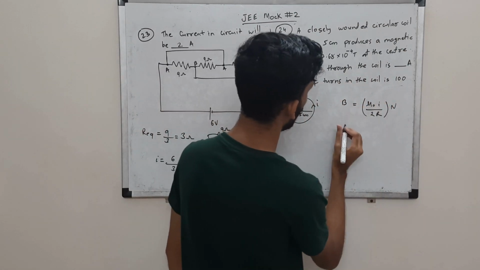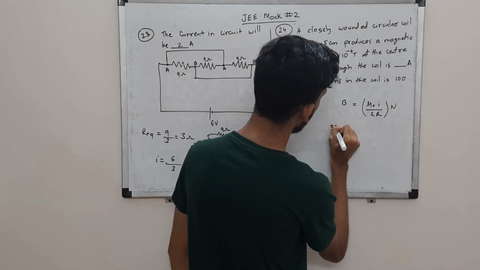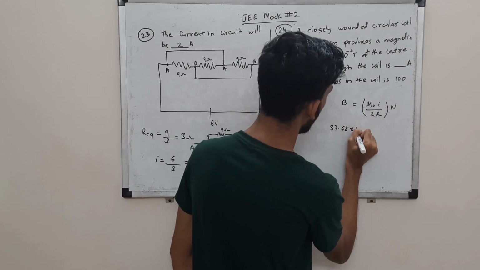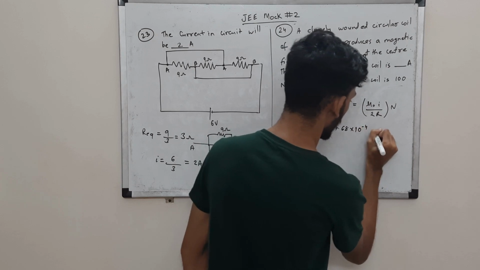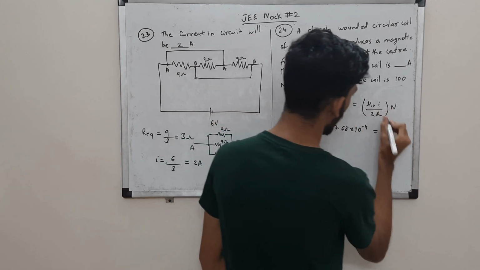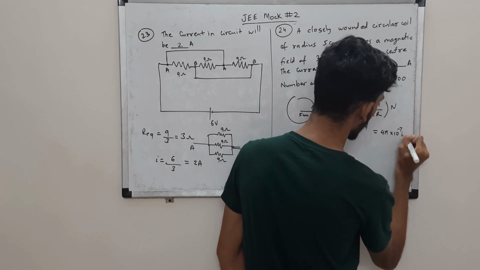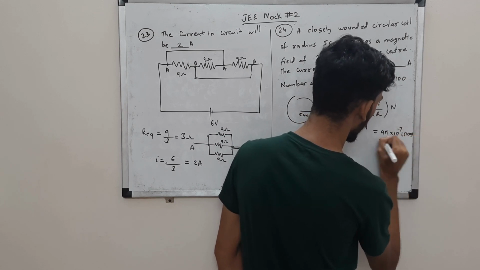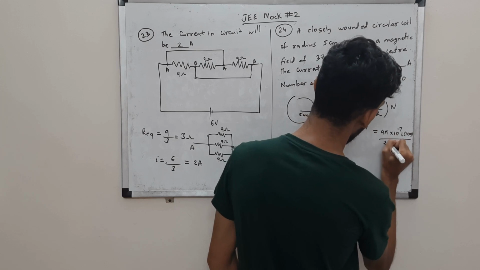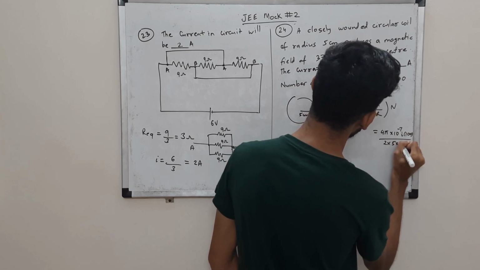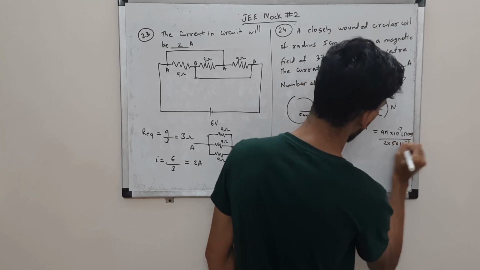So into n you have to do, B is given as 37.68 into 10 to the power minus 4. This is the magnetic field at the center. Mu 0 is 4 pi into 10 to the power minus 7. I you are supposed to find, n is 100, upon 2 times r. R is 5 in centimeters, so convert that to meters.